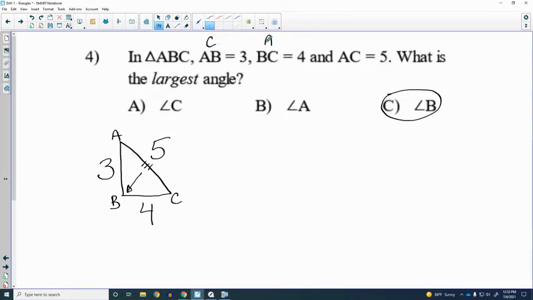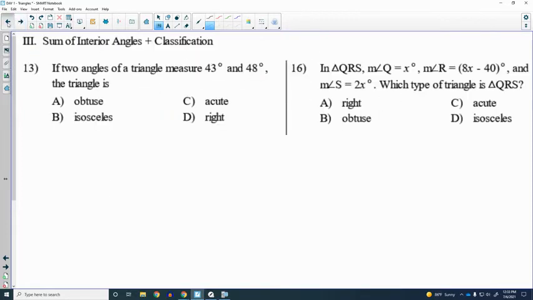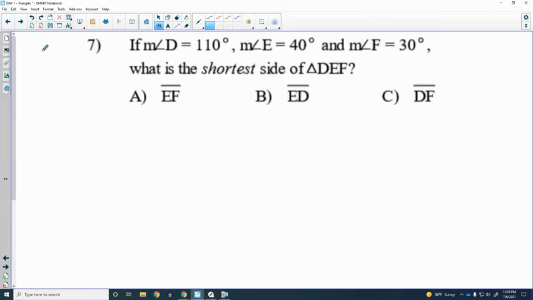It's A. That means angle A is opposite side BC. And AC, which is the longest side here, which is going to be the answer, what letter's missing? B. B is opposite AC. And since these are in order, I can also just do this. B is greater than A, which is greater than C. Little trick.